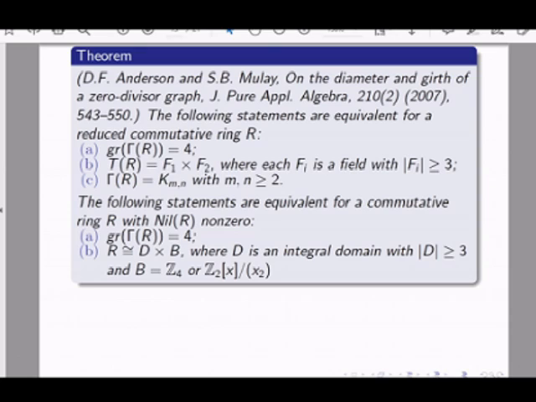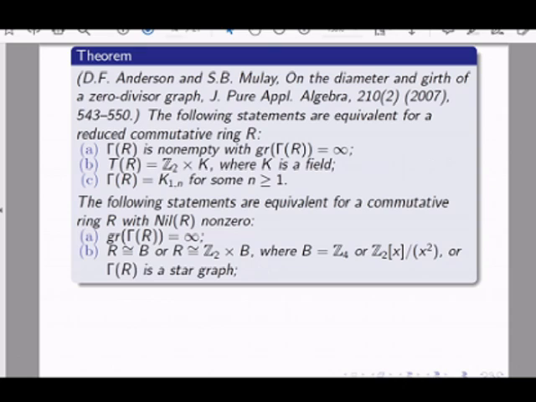It's a graph property, and at the same time, I get some picture of how my ring should look. This is very, very beautiful. For me, my personal opinion, the connection between the graph and the ring. If you give me this ring, like B, then I know what the girth of the zero divisor graph is. If I know the girth, then I know how the ring looks. Okay? All right, and so on.